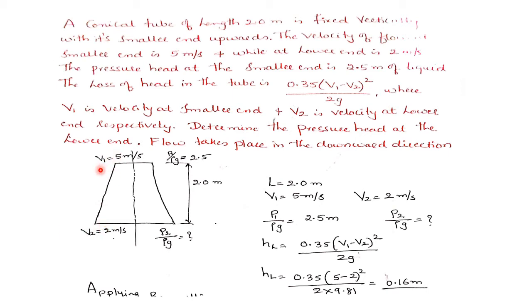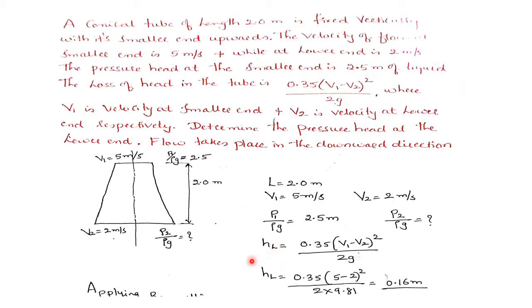So the velocity at the smaller end is 5 meters per second, and the velocity at the lower end, v2, is 2 meters per second, as given in the problem. The pressure head at the smaller end, P1 divided by rho g, is given as 2.5 meter of liquid.